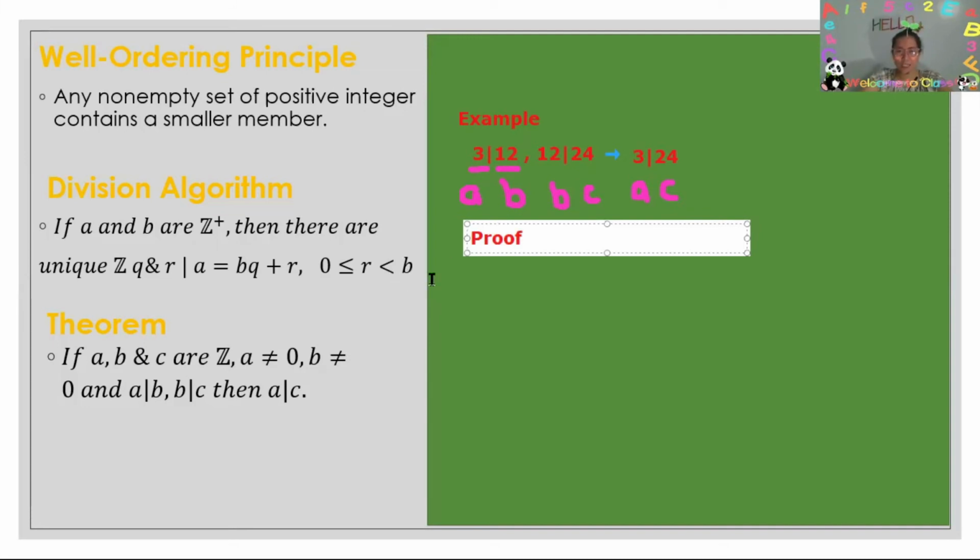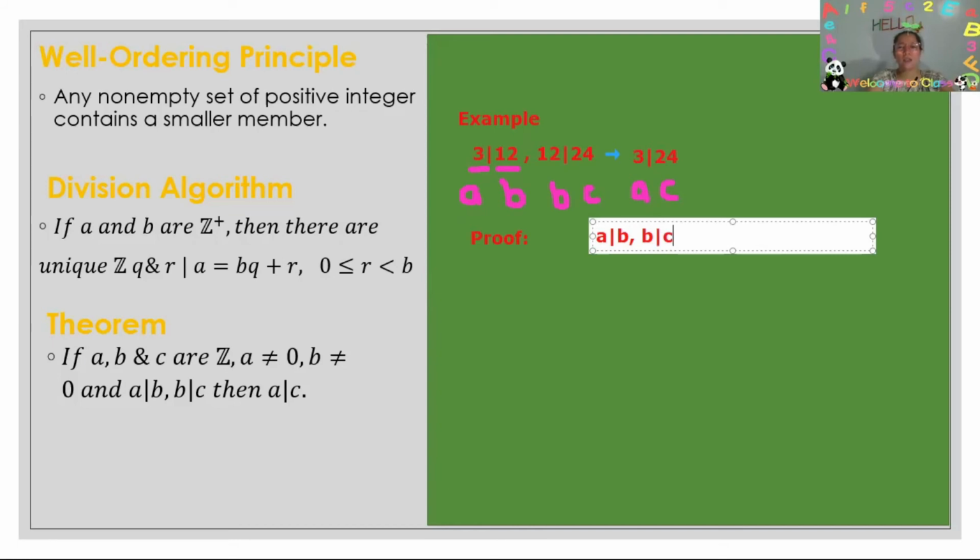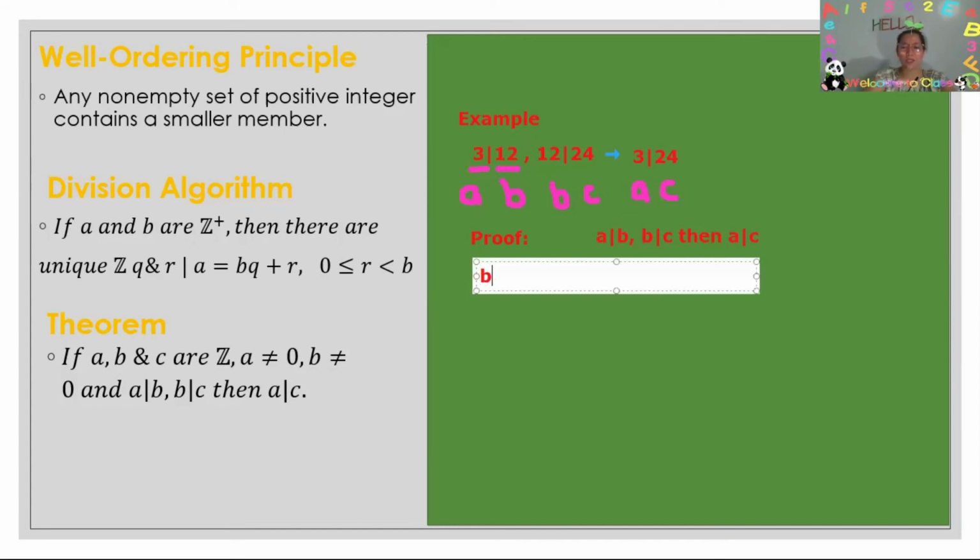So we will write it in the form: A divides B, B divides C, then A divides C. Now B is equal to AD.